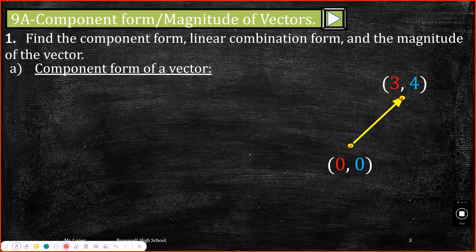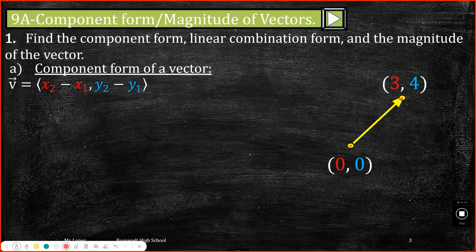So the component form of a vector is kind of like slope, like rise over run. You subtract, but you have to write brackets to say that it is a vector. Subtract the x's, comma, subtract the y's.